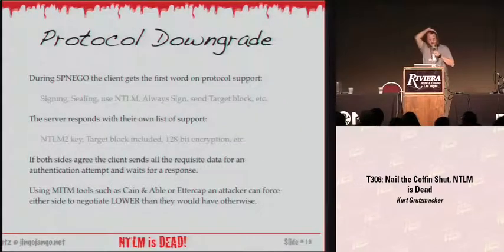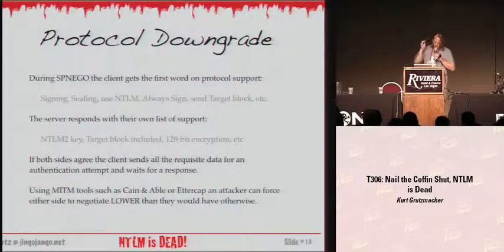All right, the first attack is called protocol downgrade. Now, as you recall in the very beginning, the NTLM and LAN Manager protocols first negotiate what they want to speak. The client says, hey, I want to talk NTLM, I want you to do signing, I want you to seal it, etc. The server usually has to honor that, but he may go stronger.